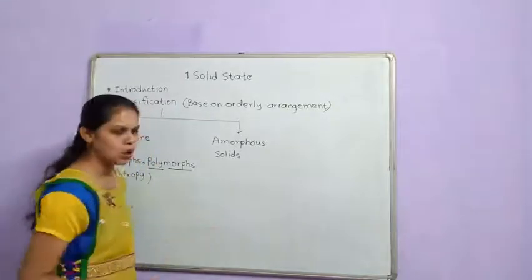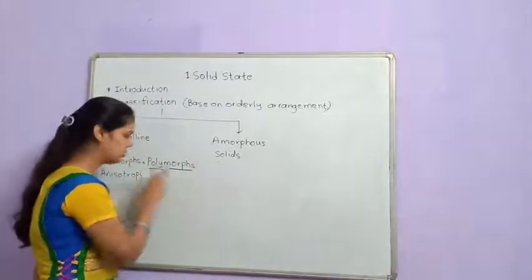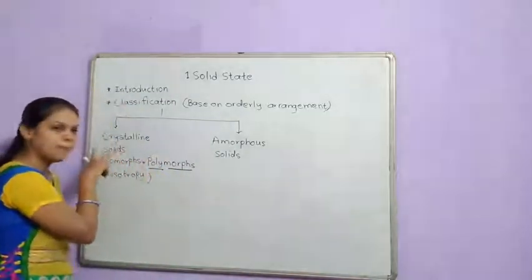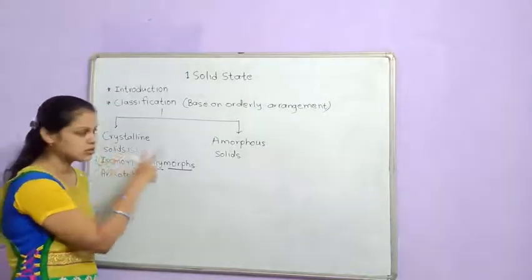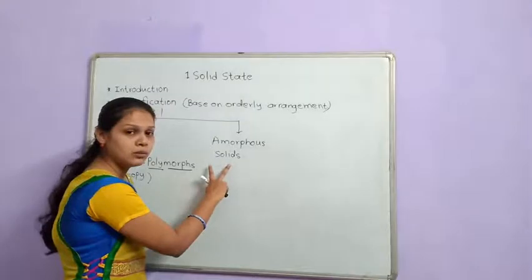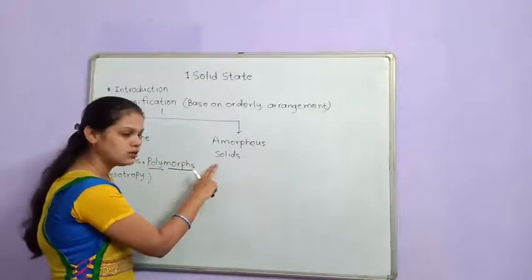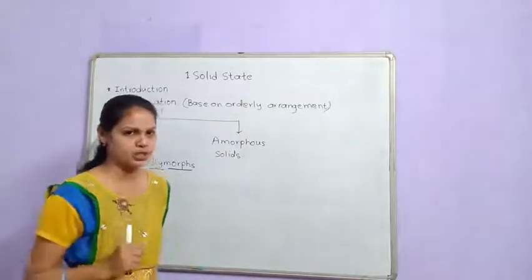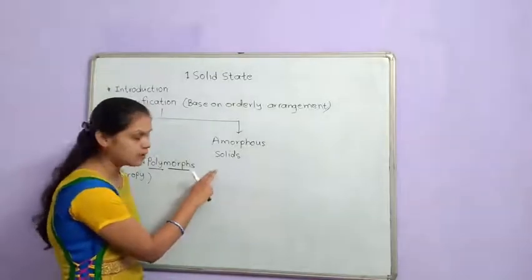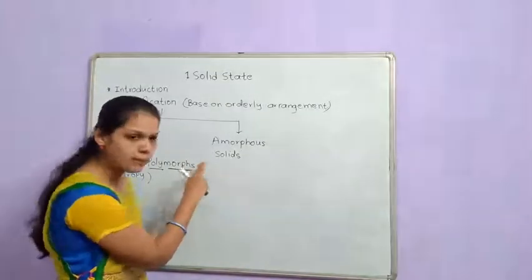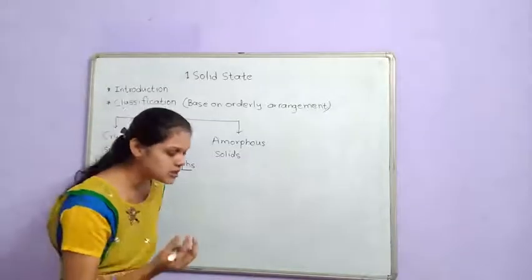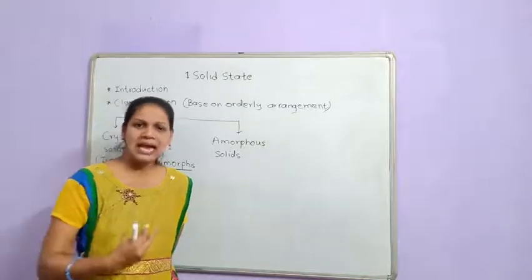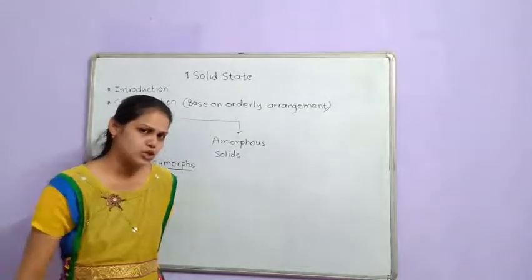The main difference between crystalline and amorphous solids is that crystalline solids have sharp melting points, whereas amorphous solids melt over a range of temperature. Amorphous solids are like butter, plastic, or glass: first they become less viscous when you provide heat, and then they melt over the entire range of temperature.